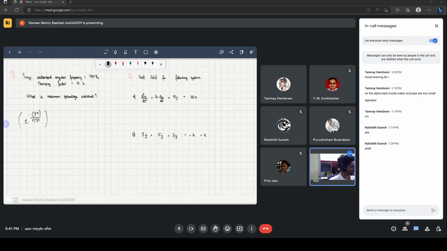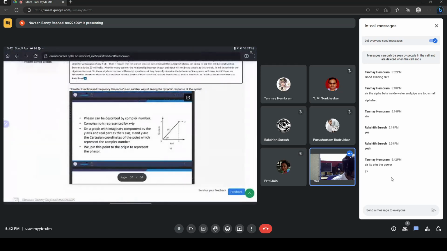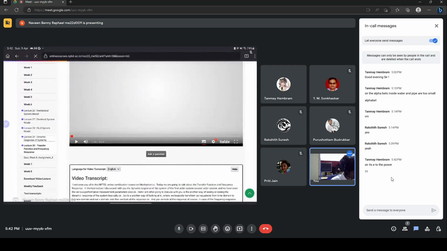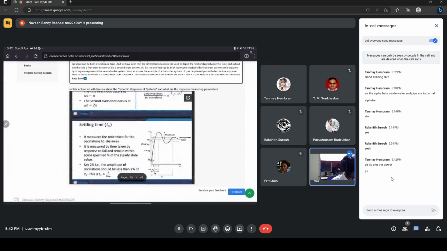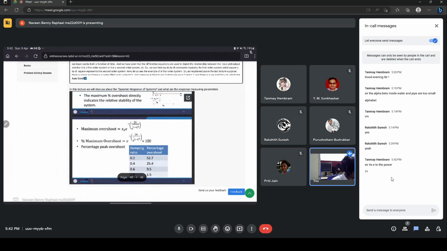Anyways, we'll move on to finding the transfer functions, or in this case the gain function. I will just copy it from the slide.